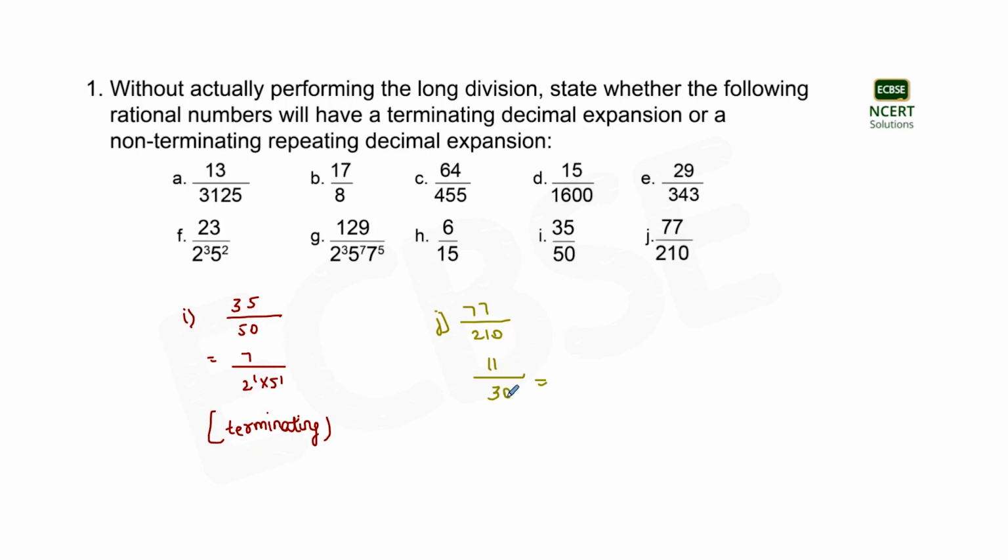So prime factorizing the number 30, which can be written as 2 into 3 into 5. As we can see, the factor 3 is also present along with the factors 2 and 5 in the denominator, which will result into its decimal expansion to be a non-terminating, repeating decimal expansion.